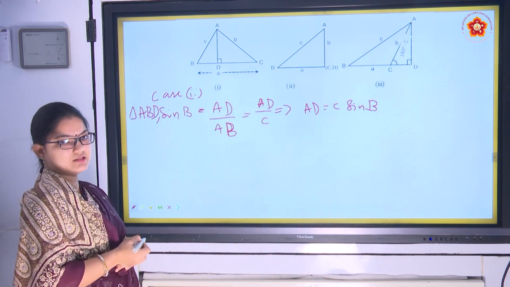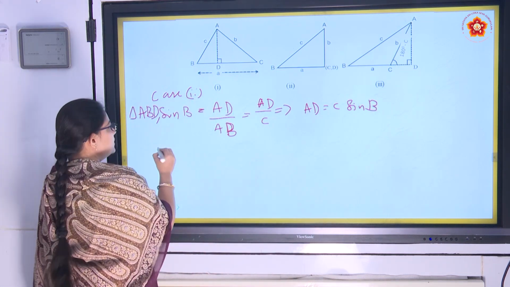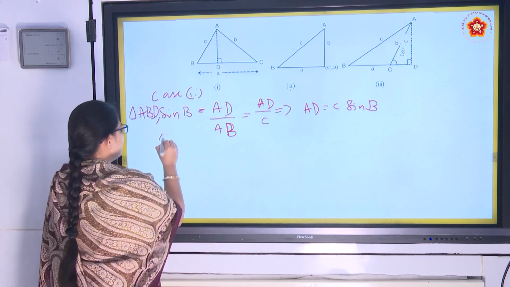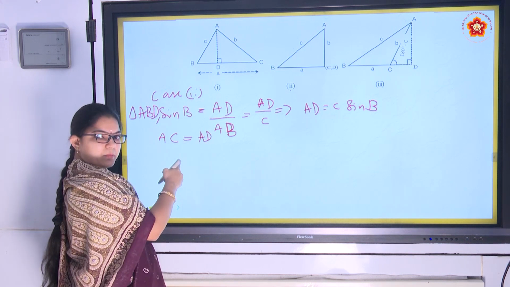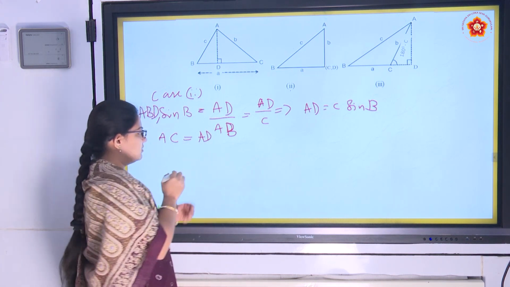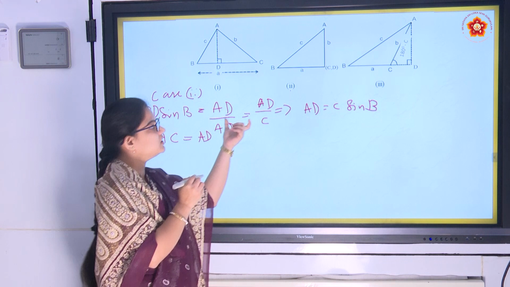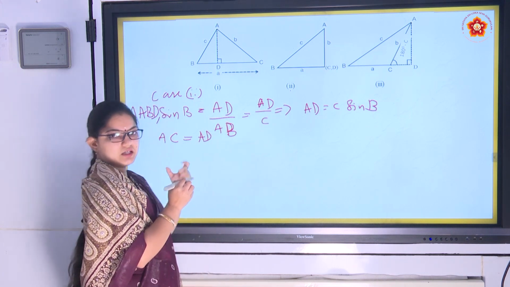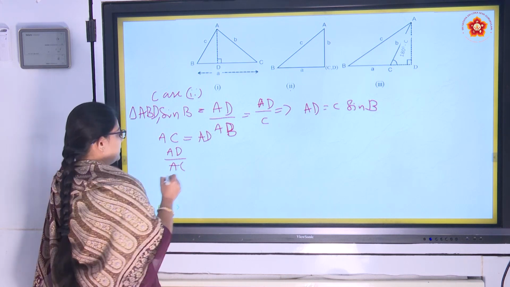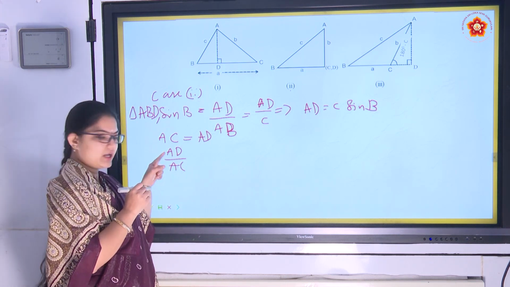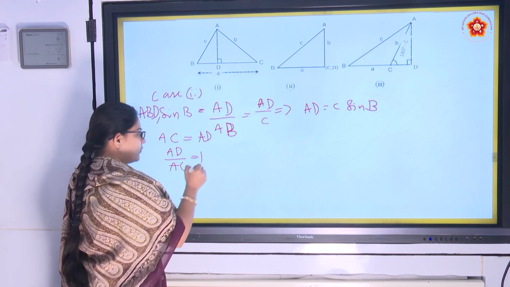Now coming to sin C, we know that here in the second case, AC is same as AD, right? AC is also perpendicular and we are considering the perpendicular that as AD also. So here AC is same as AD. So what is then AD by AC? So AC is equal to AD. So AD by AC is equal to 1.